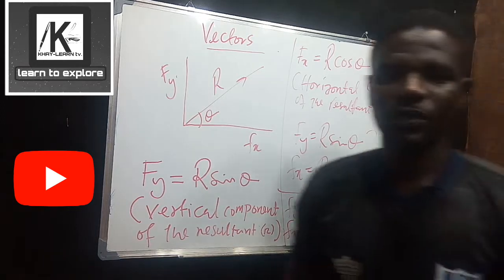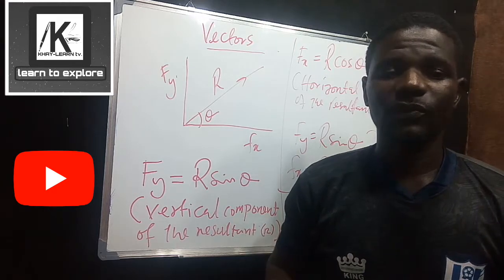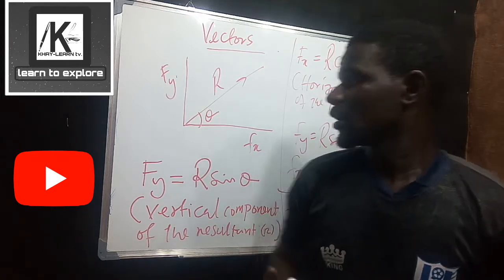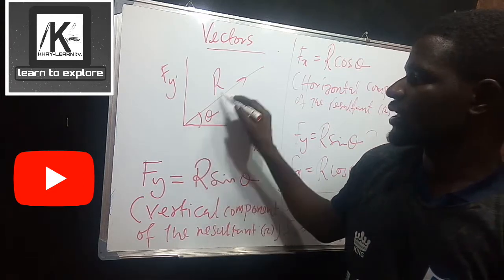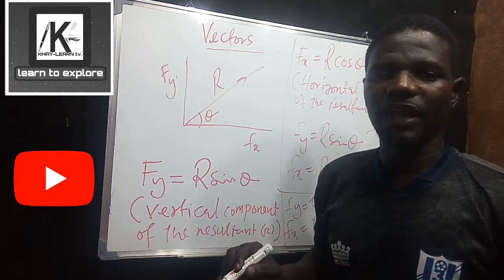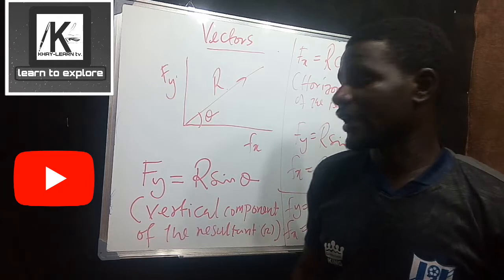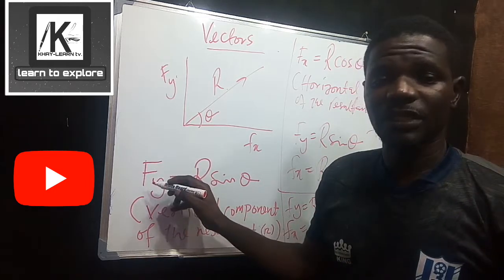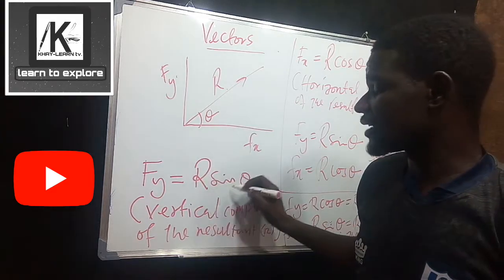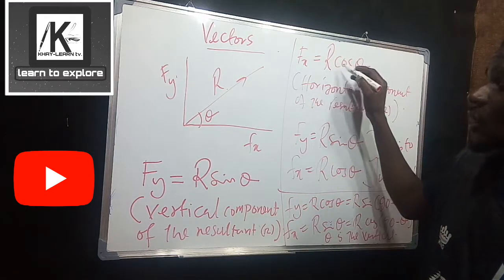Ladies and gentlemen, what's most important are the explanations I'm giving about the whole thing. I said we are going to find the components of vectors when a resultant is given. In my diagram, what we are given is just the resultant, and we're asked to find the vertical and horizontal components. What you will notice is where the angle is subtended. When the angle is to the horizontal, our vertical component Fy will always equal R sine theta, and the horizontal component Fx equals R cos theta.